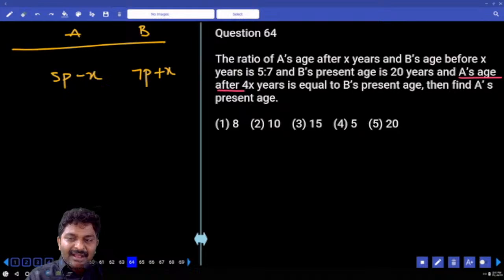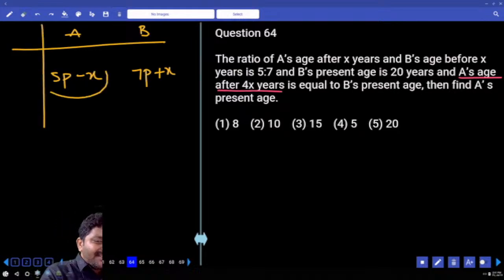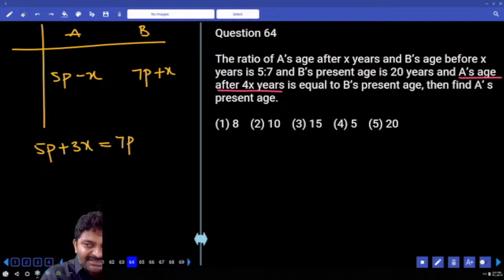A's age after 4X years. Present age of A is this much only. After 4X years, you have to add plus 4X. Then it becomes 5P plus 3x, which is equal to B's present age, 7 parts plus x. From this, 2p is equal to 2x.